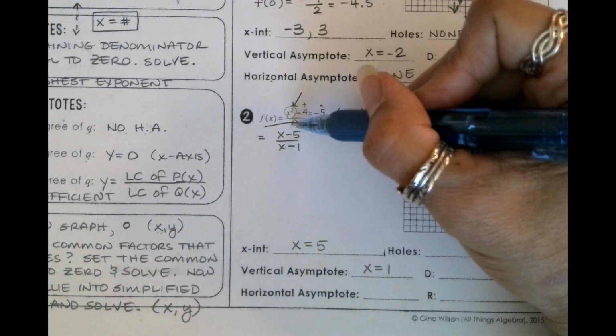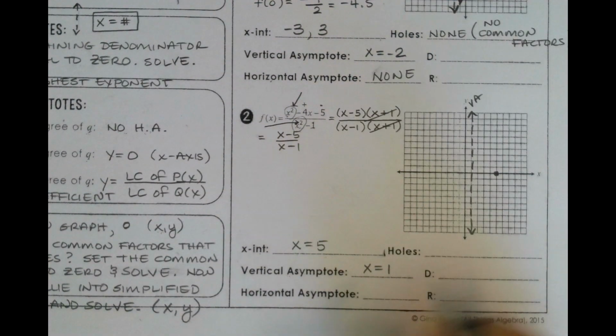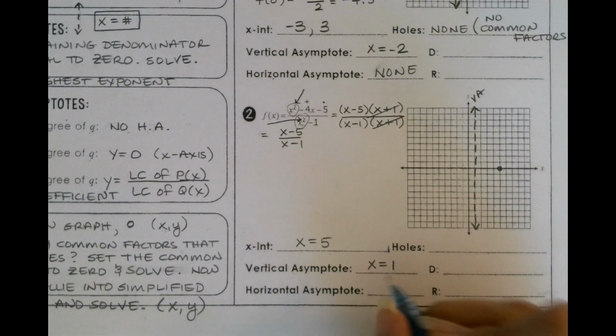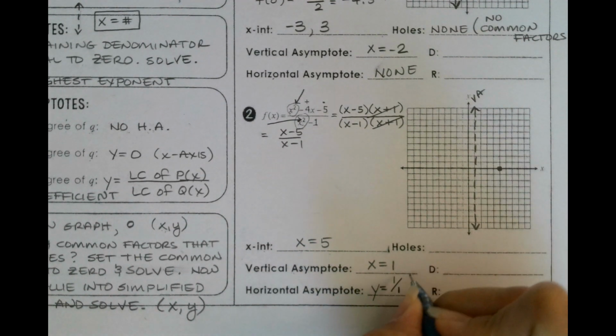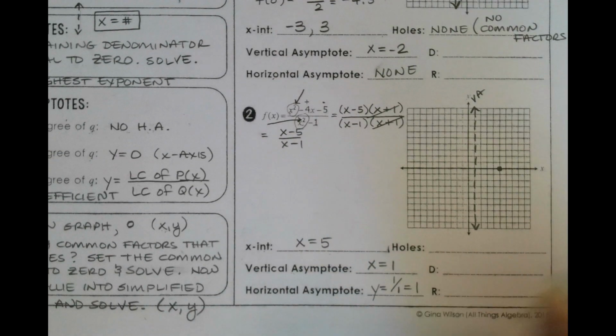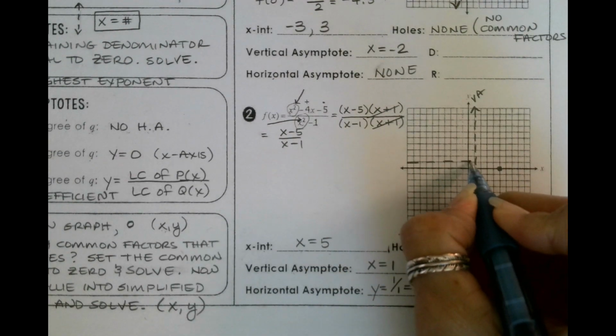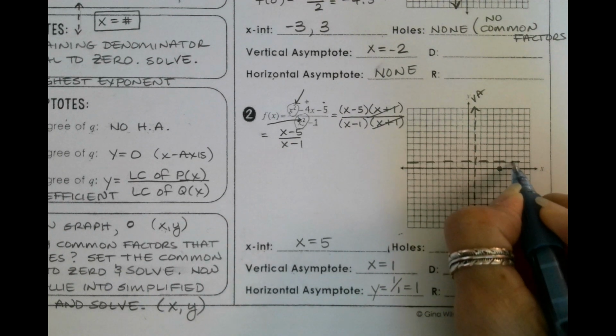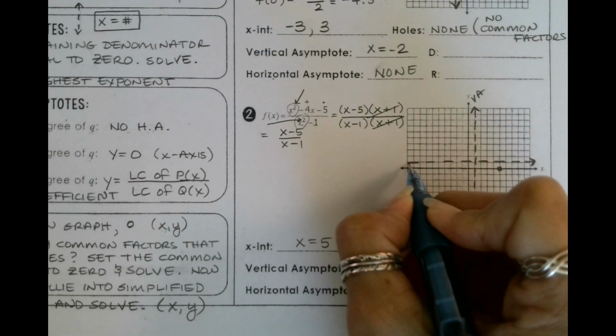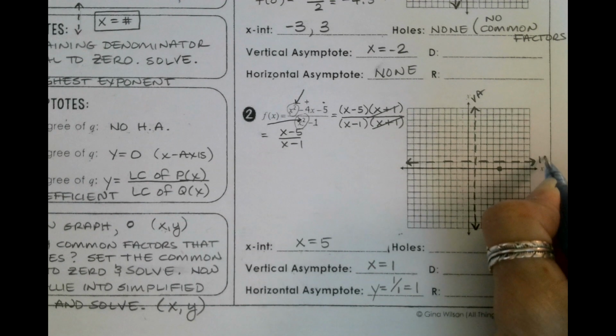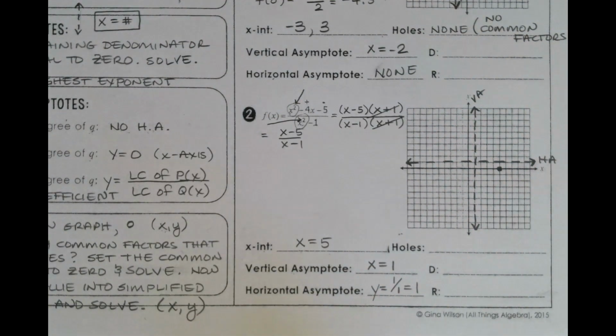These are the leading terms right here. Leading term, leading term. So for horizontal asymptote, I take the coefficient from upstairs divided by the coefficient downstairs, and y is 1. So let's put y equals to 1. That's my HA, horizontal asymptote.